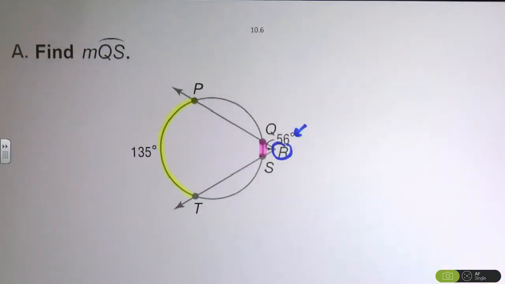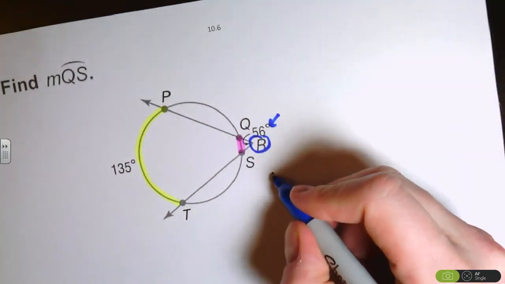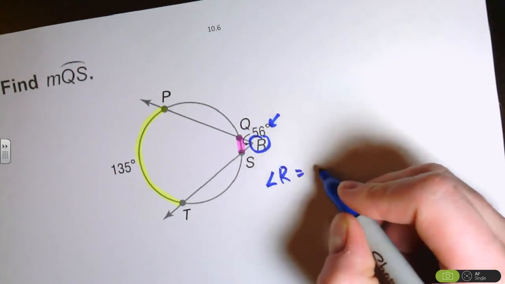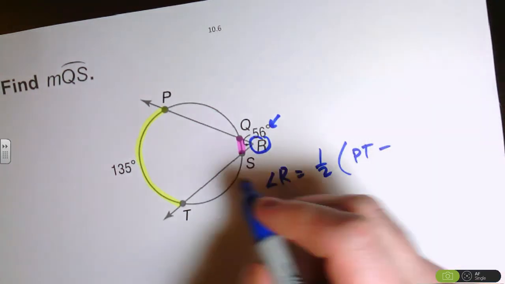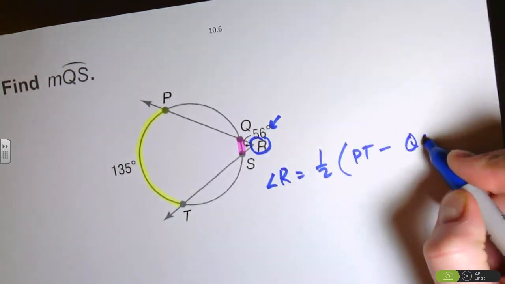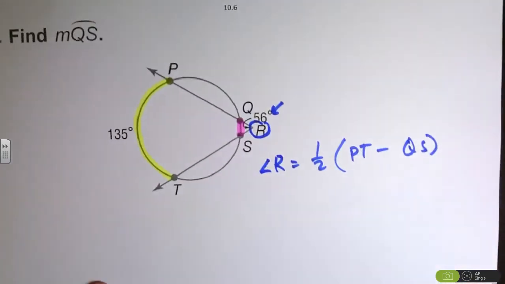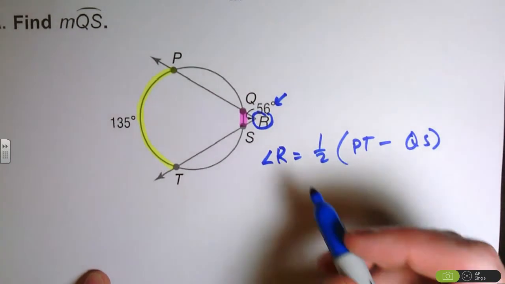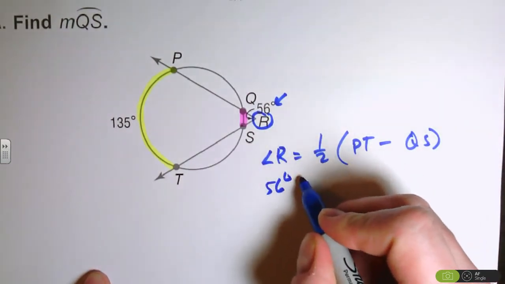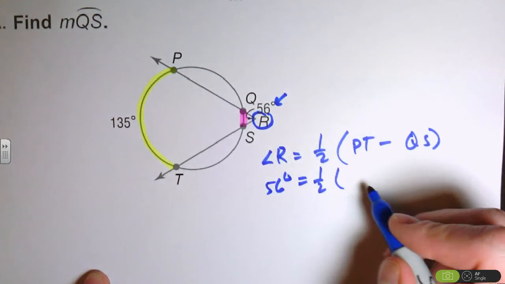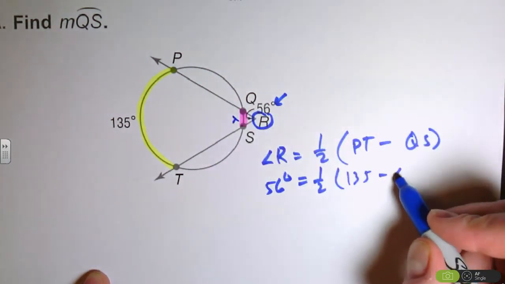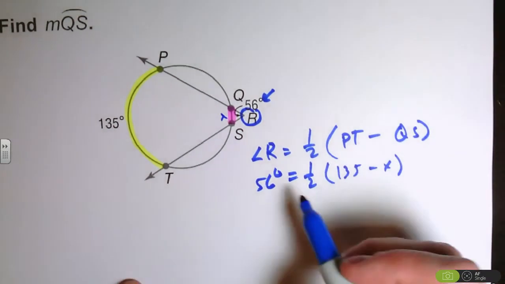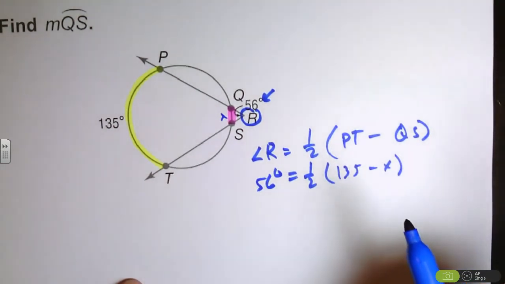Okay. So, angle R equals 1/2 of PT, because it's the further away, which means it's a bigger one, minus QS. Okay. So the angle R is 56 degrees. PT is 135, and we're just going to call QS X. Now you could distribute the 1/2 in, but to be honest, don't do that.